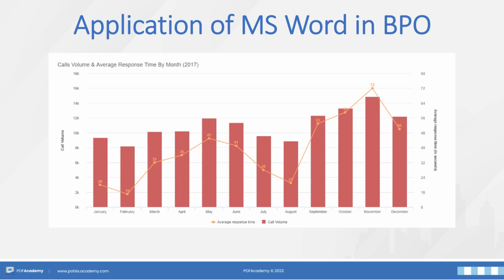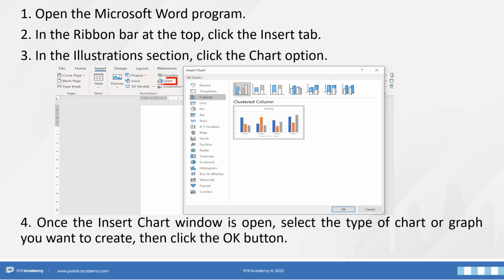So here are the steps on how to insert a chart or graph in MS Word. The first step, open the Microsoft Word program. Second, in the ribbon bar at the top, click the Insert tab.